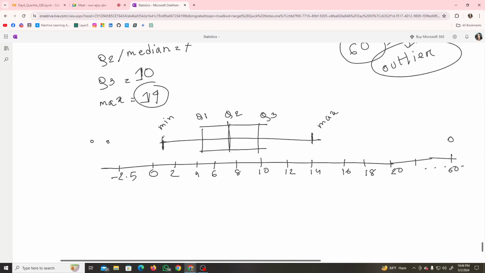So this graph is known as your box or whisker plot. And by the box or whisker plot, what do you get? You get the intuition of the outliers in your dataset.